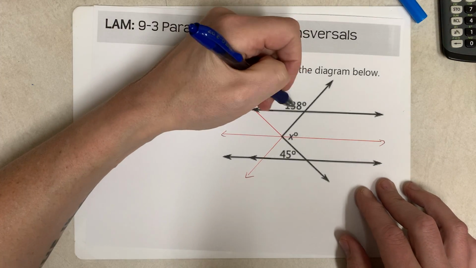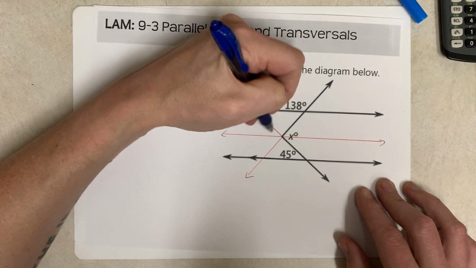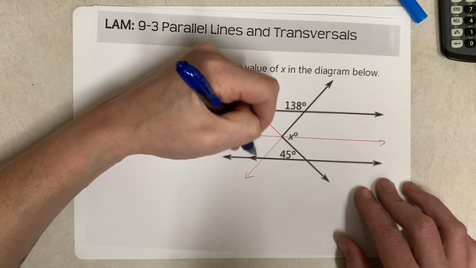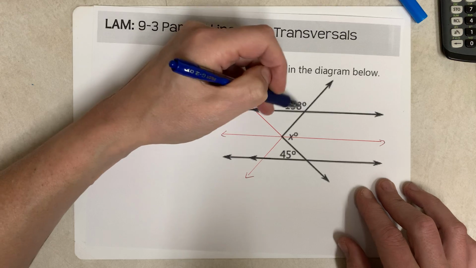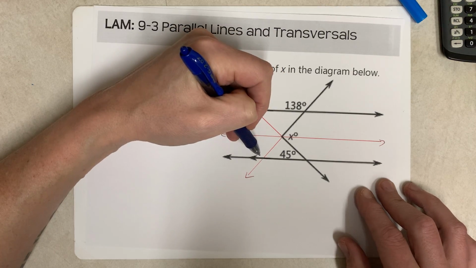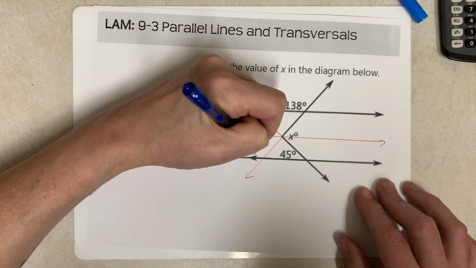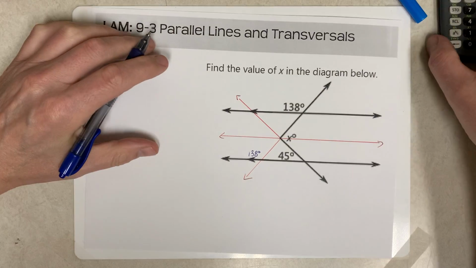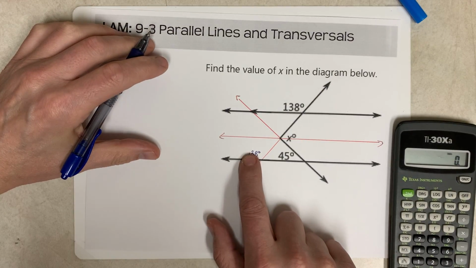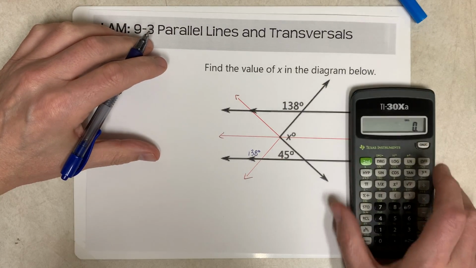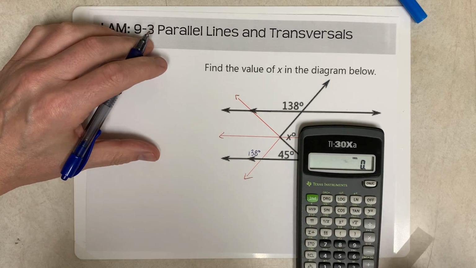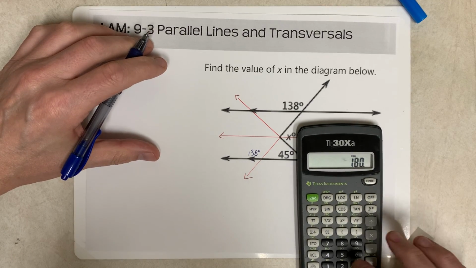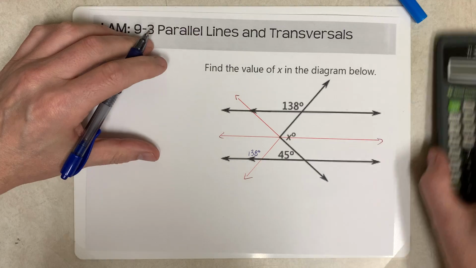This one's 138, okay? That means this is 138 and this is 138, right? So if this is 138, then this one has to be also 138 degrees. Okay, if that one's 138, then this one, if I take 180 basically from it, 180 minus 138 is 42.